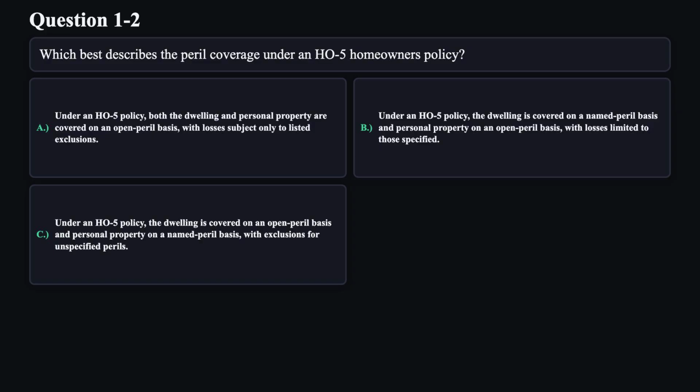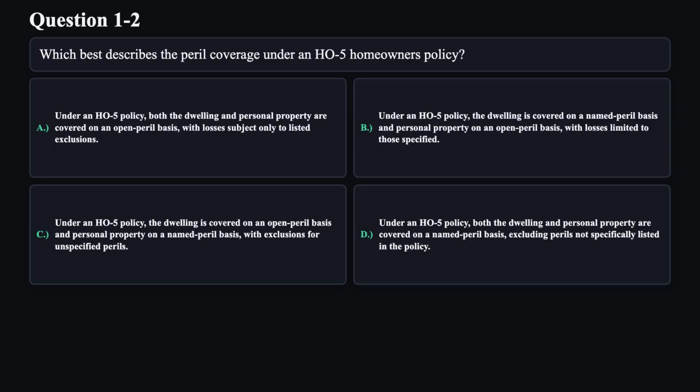C. Under an HO5 policy, the dwelling is covered on an open peril basis and personal property on a named peril basis, with exclusions for unspecified perils. D. Under an HO5 policy, both the dwelling and personal property are covered on a named peril basis, excluding perils not specifically listed in the policy.